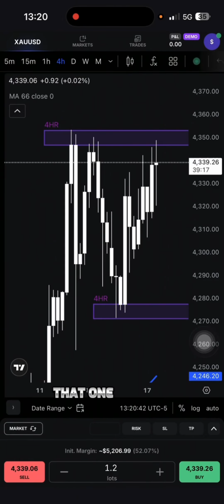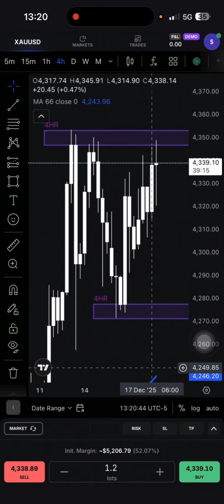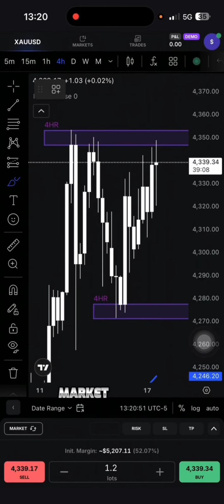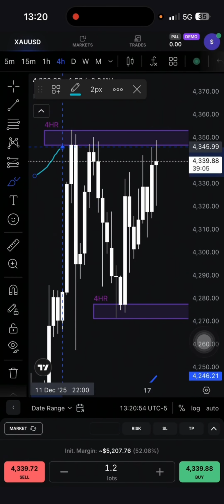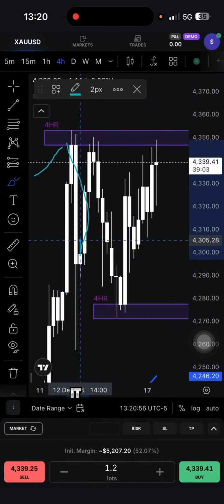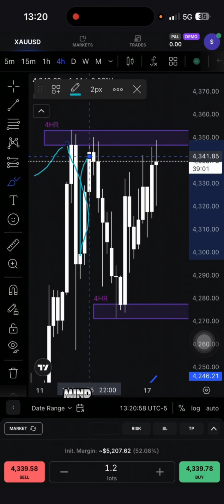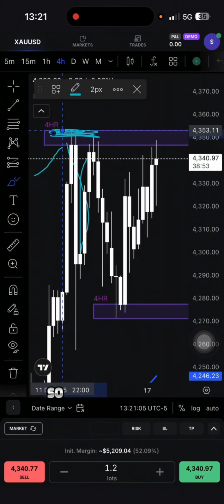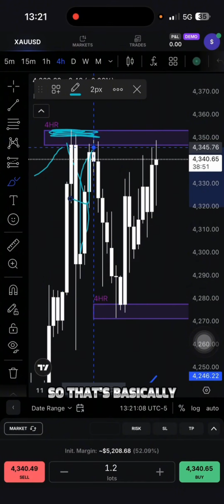I marked out that one because, as you can see, when the market came up here, it pushed down. It came back up to that zone. Mind you, we're in the uptrend, but it never pushed and broke up past there. So that's basically the last high.